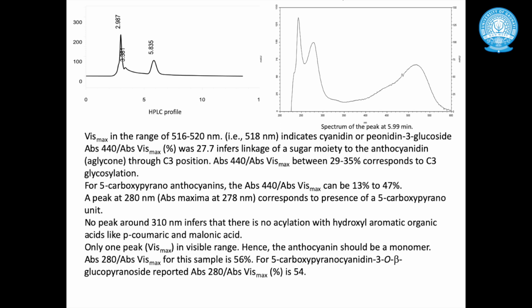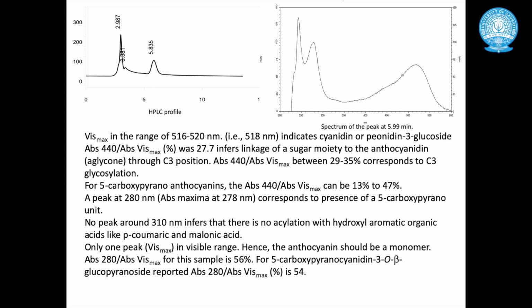The reported ratio for 5-carboxypyranocyanidin 3-O-beta-glucopyranoside is 54.